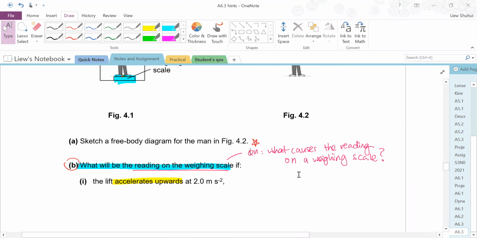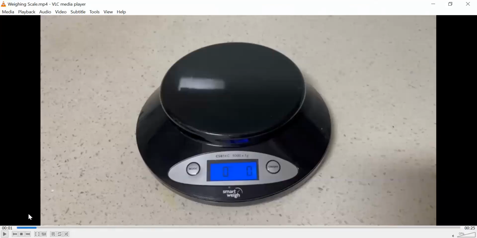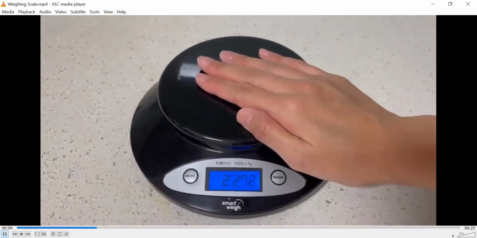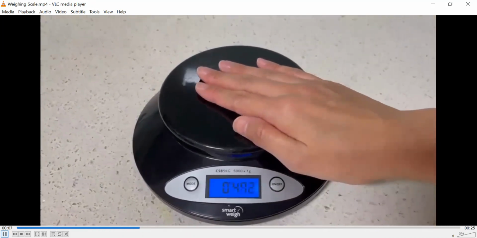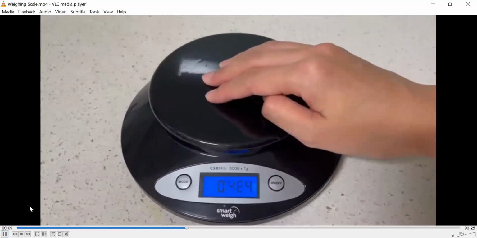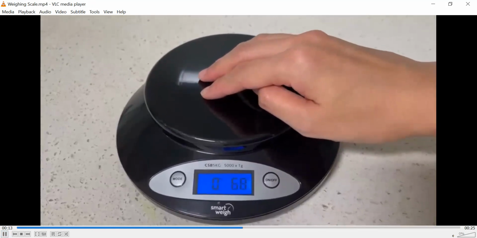What causes the reading on the weighing scale? So I have a weighing scale over here. Let's take a look at how it works. The harder I press down, the higher the reading. The lower the force I press downward, the lower the reading.